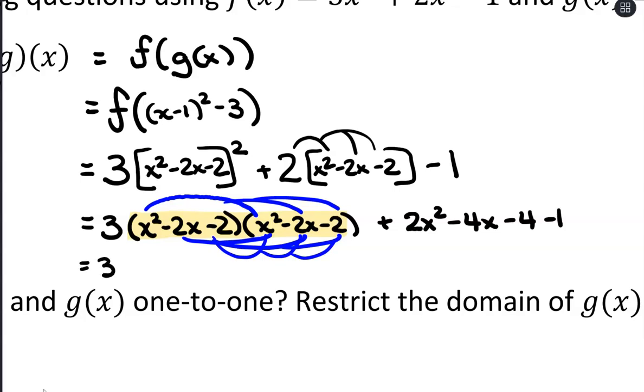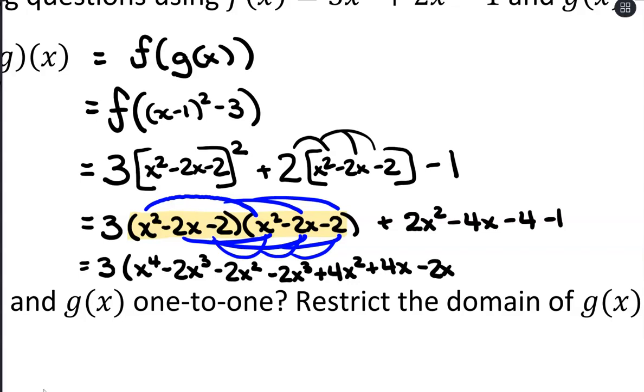Here we go. 3 times x squared times x squared minus 2x, x squared times minus 2. All right, distributing the negative 2x would be a negative 2x cubed plus 4x squared plus 4x. All right, distributing the negative 2: minus 2x squared plus 4x plus 4.